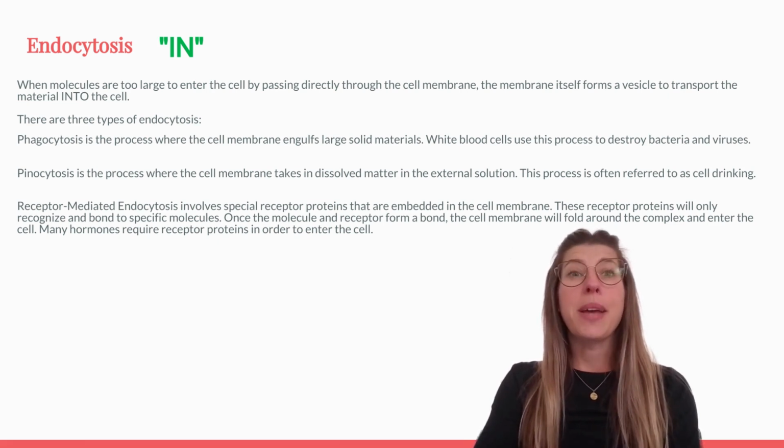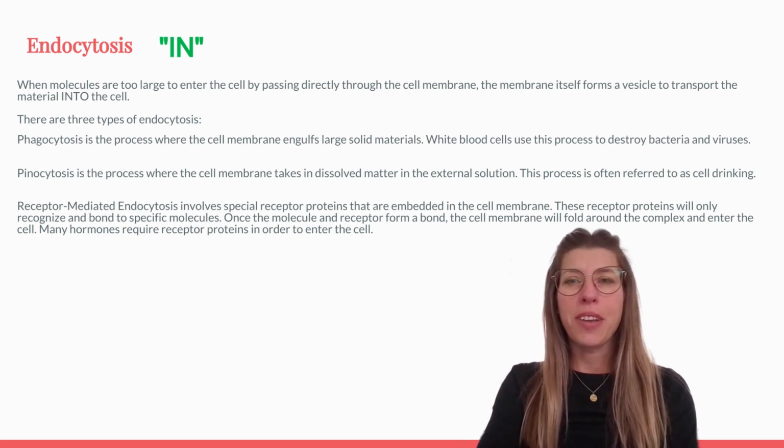There are 3 ways that a cell can achieve endocytosis. So there's phagocytosis, where the cell membrane engulfs the large solid materials, as I just described. White blood cells, for example, use this process to destroy bacteria and viruses.